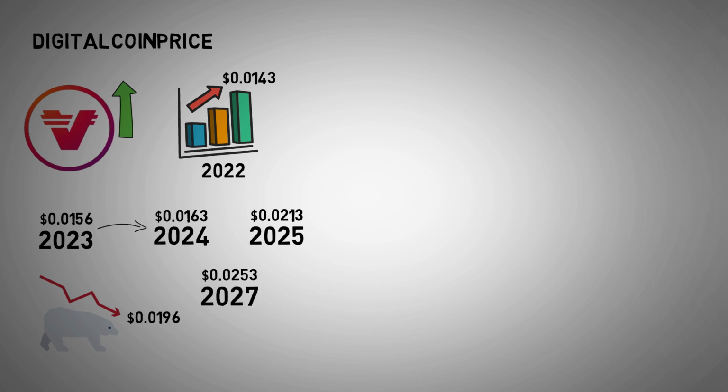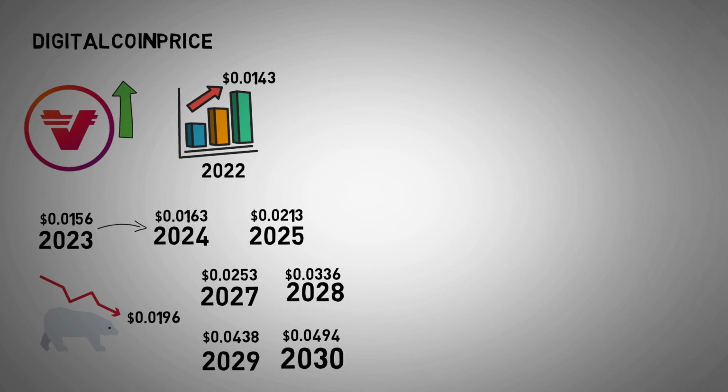The site suggests VRA can reach $0.0336 in 2028 and get to $0.0438 in 2029. It then predicts the crypto can reach $0.0494 in 2030 before rising further to reach $0.0568 in 2031. In other words, a notable rise, but not as meteoric as some other forecasts.